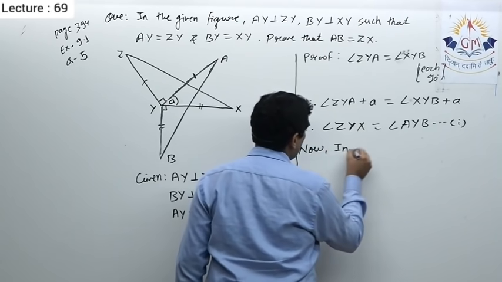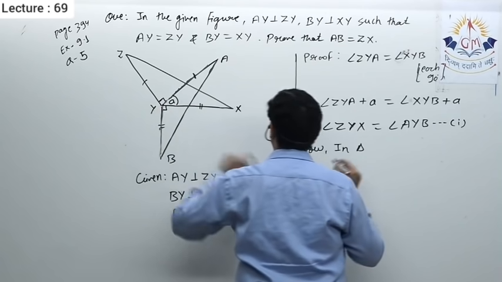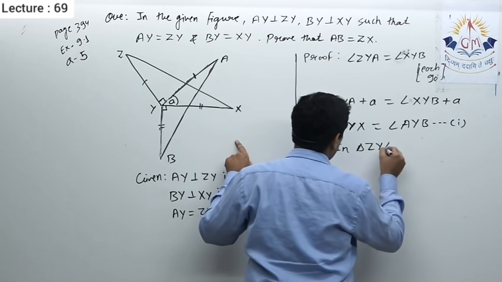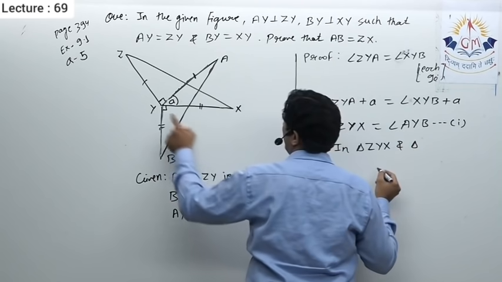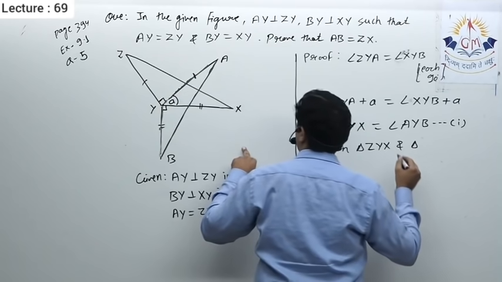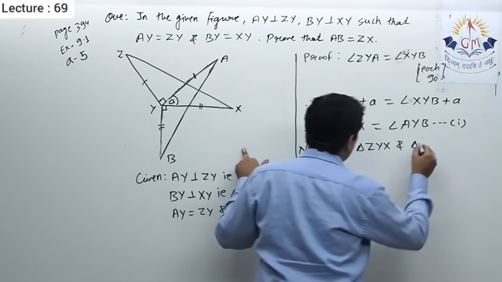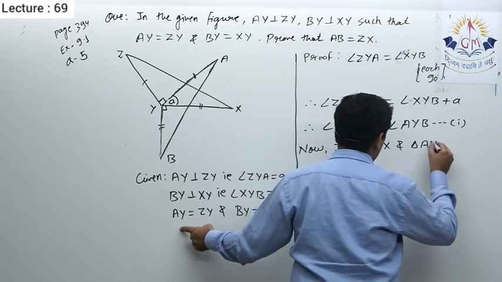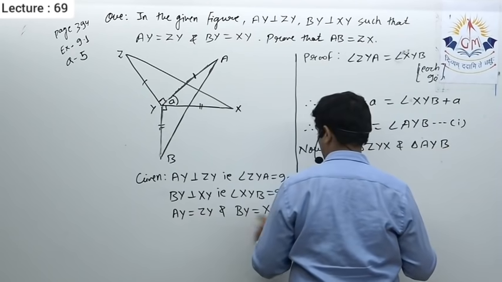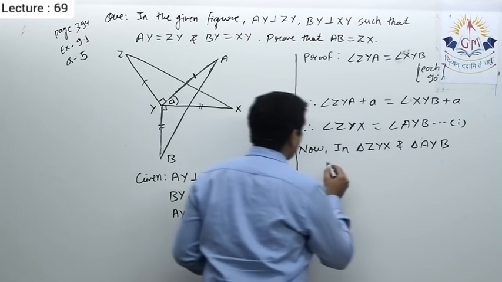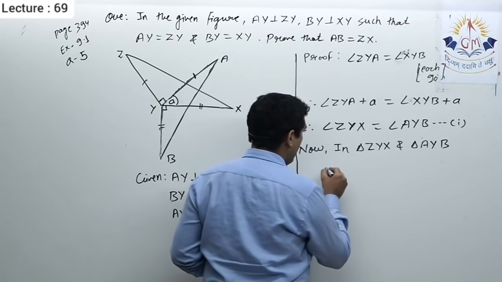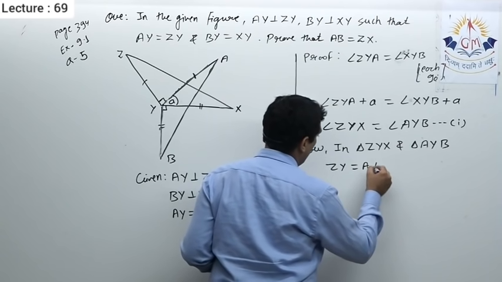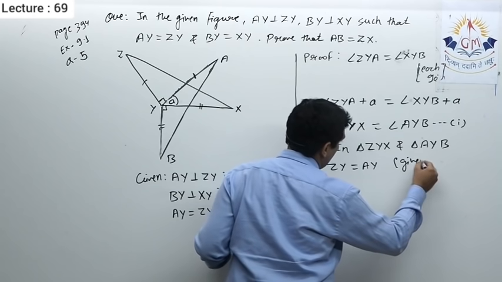Now in triangle ZYX and triangle AYB, first thing I can write: ZY is equal to AY, that is given.